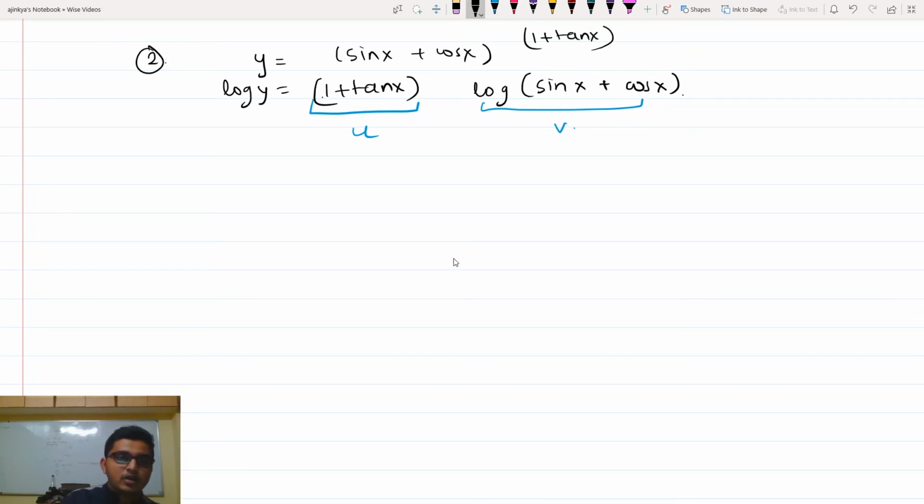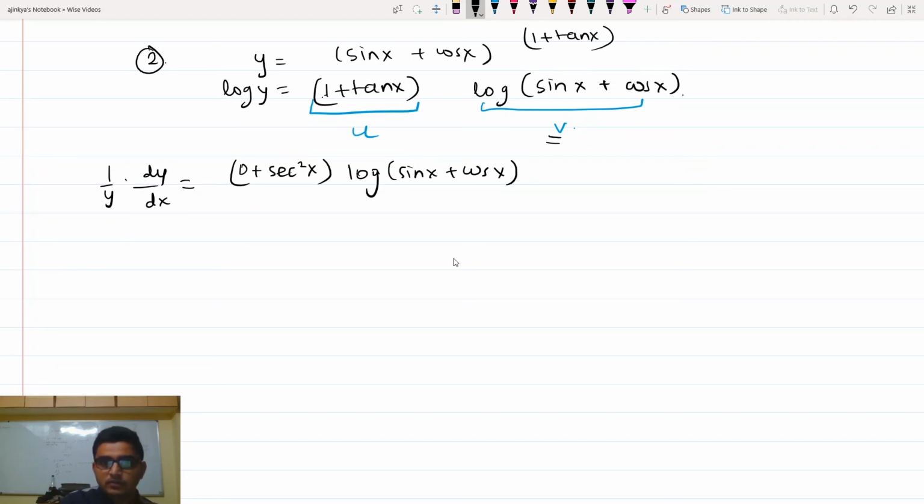So we'll take 1 upon y times dy upon dx. Now this is self-explanatory. Now you can take first differentiation of u. So differentiation of u will be 0 plus sec square x, since differentiation of 1 will be 0 and tan x differentiation is sec square x, and then you have to keep the v as constant. So v as constant will be times log of sine of x plus cos of x, plus now we have to take the differentiation of v.